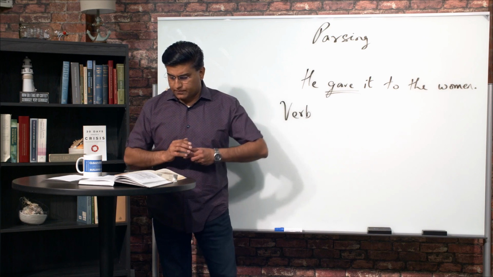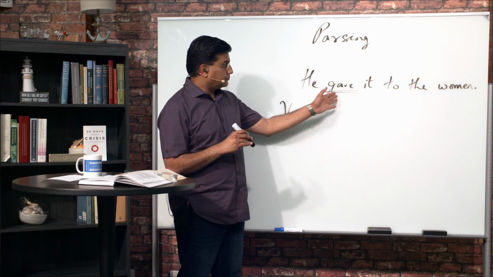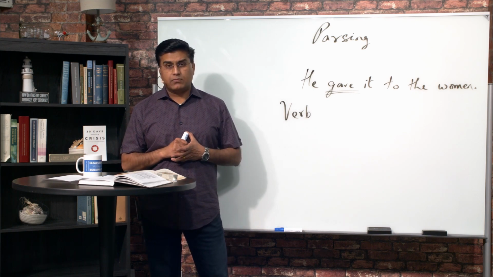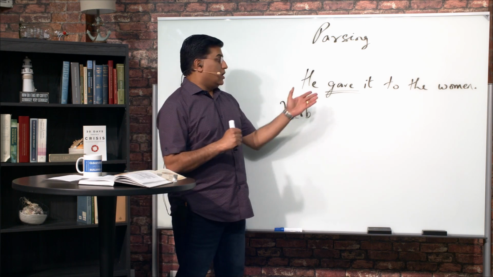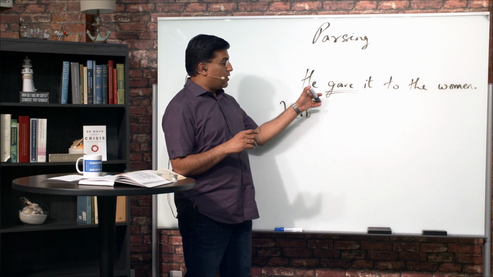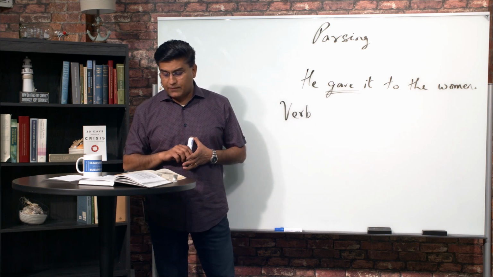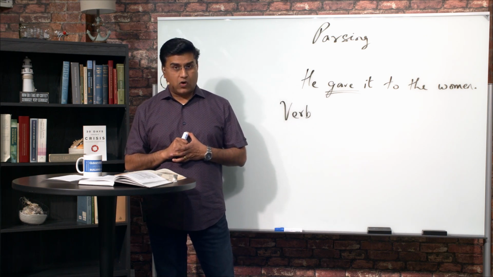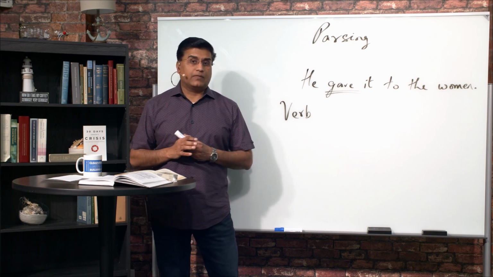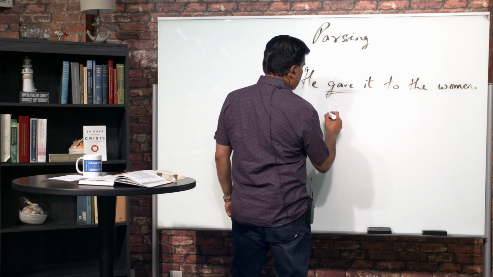How would you parse it? Well, if you think about it, gave is third person. How do we know third person? Because the pronoun here is he, which is in the third person, so definitely the verb is also carrying the same person. So first thing we know about it is that it's in the third person.